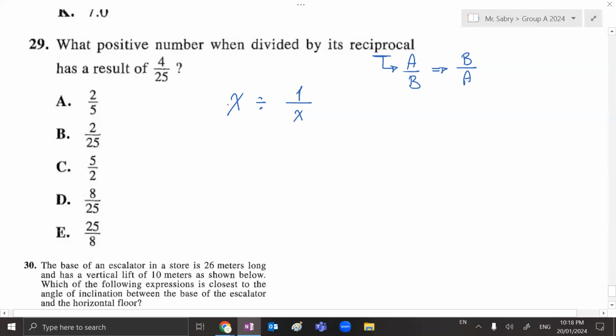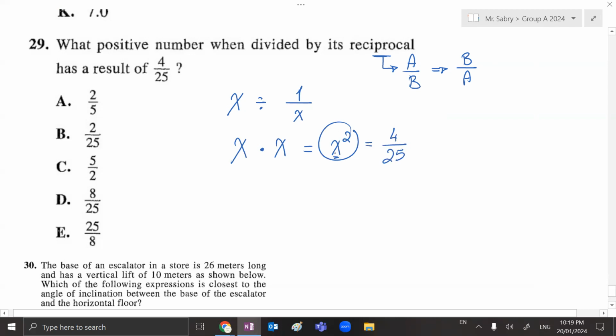So divide. I don't know how to divide fractions. Instead, we know how to multiply and flip the second fraction. So instead of dividing by 1 over x, it becomes times x over 1, which is x. Now x times x becomes x to the power of 2. I need this to be equal to 4 over 25.